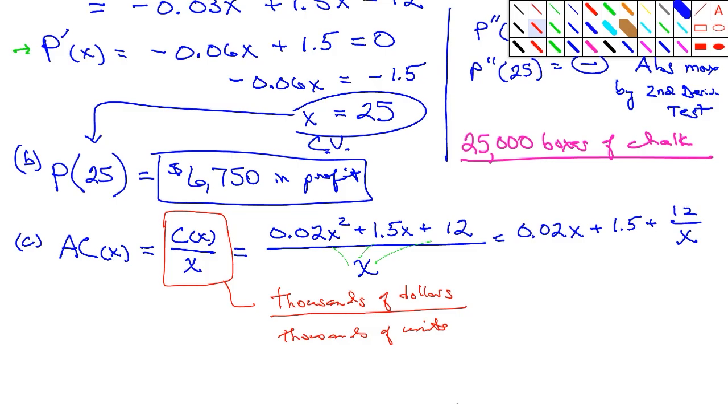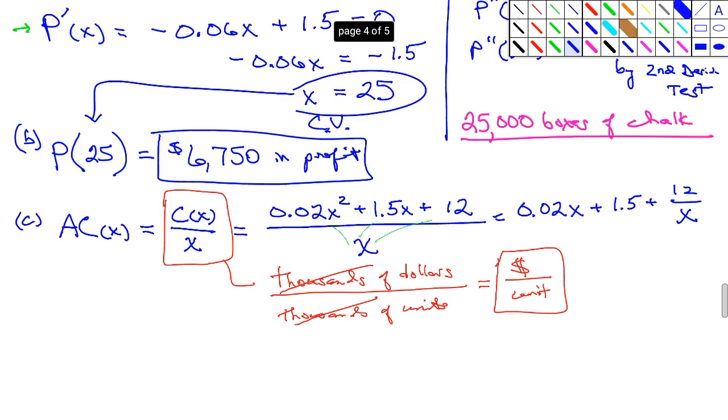So this is sort of crude, but that's basically what's happening. The thousands are canceling, and this is giving me dollars per unit. So it is an actual average cost per unit. You do have to worry about that a little bit, but just make sure that you are getting dollars per unit, and if not, you can alter that by dividing or multiplying by a specific number. All right, let's continue on now with the rest of the problem.